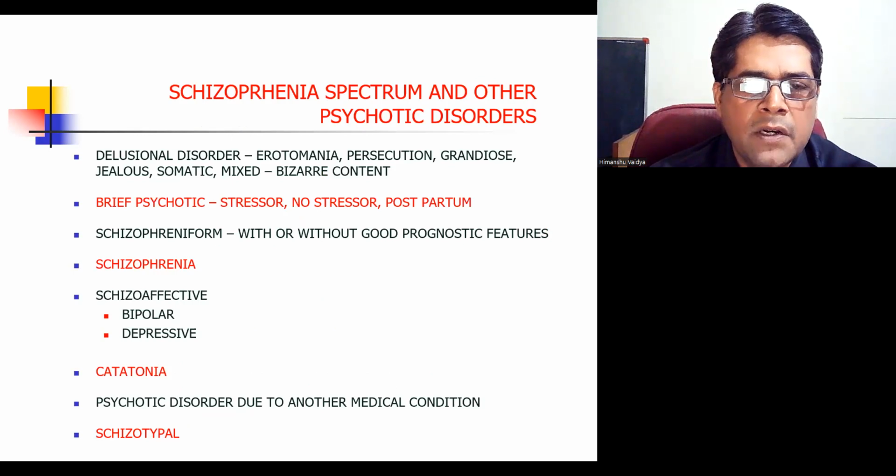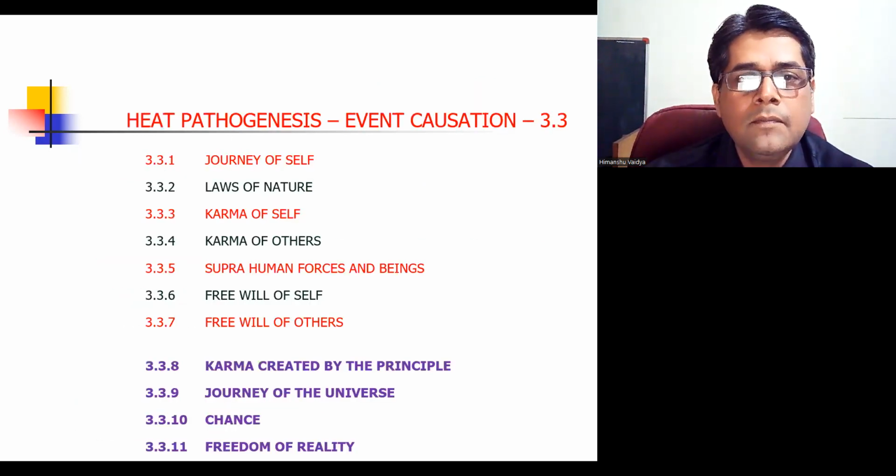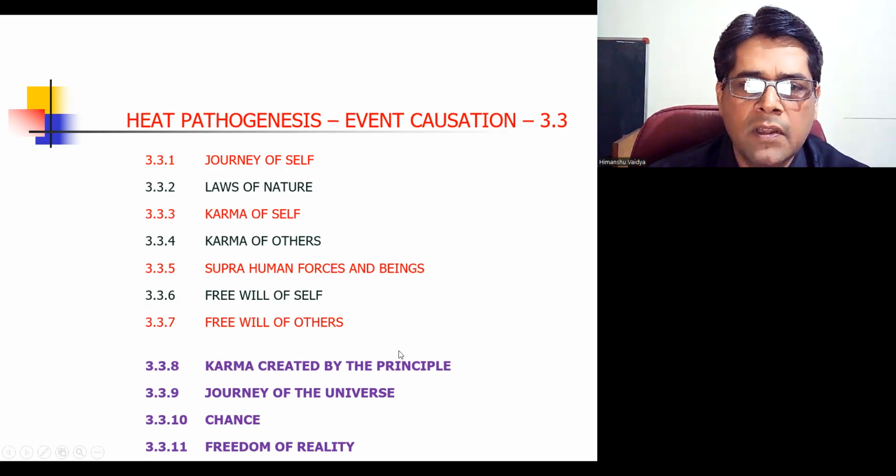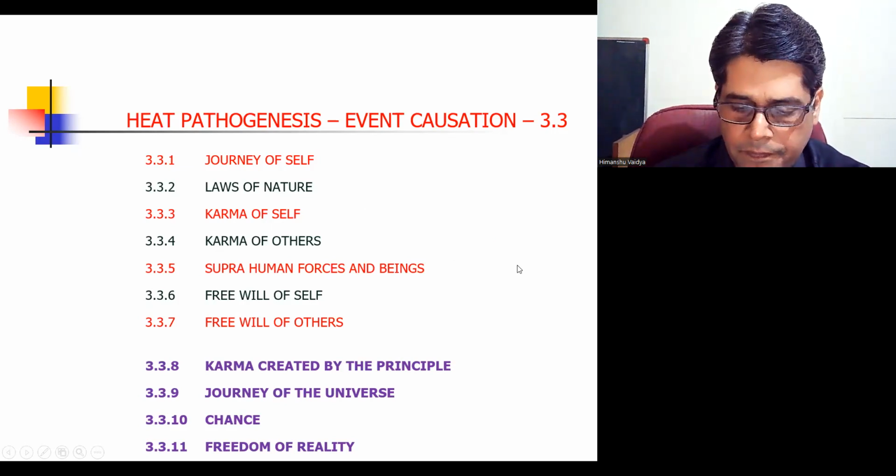So in delusional disorder, karma of the self, law of nature, karma of others, free will of others will be very important. In certain cases, suprahuman forces and beings also can be important causal factors.